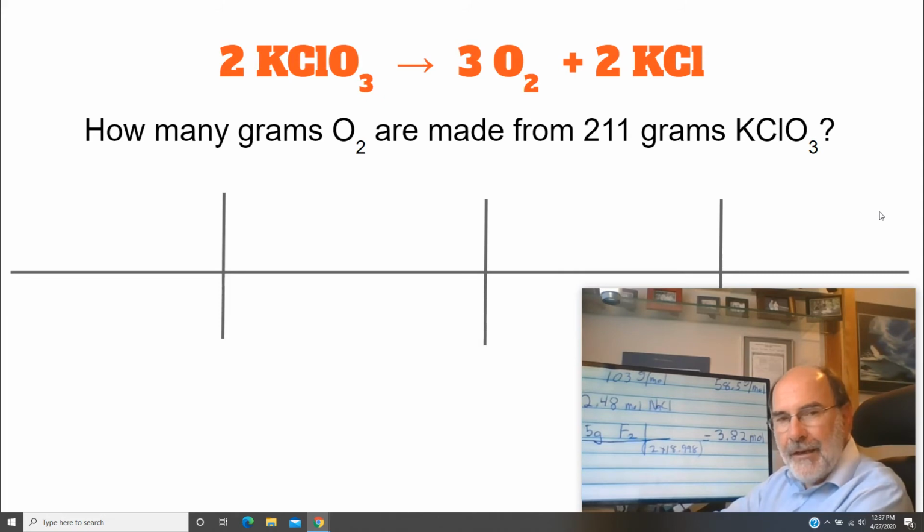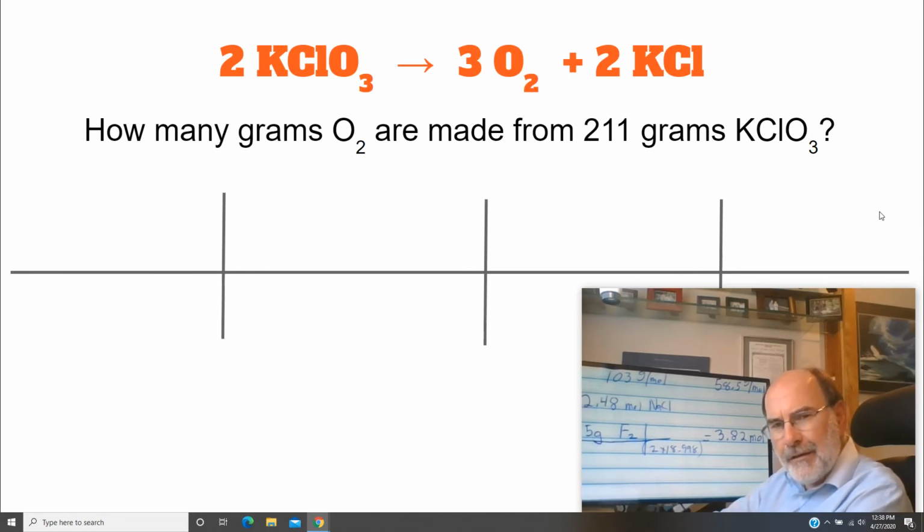So the question was, how many grams of oxygen are made from 211 grams of potassium chlorate? Step one, first column, write down what we're starting with in the numerator, 211 grams of potassium chlorate. Step two, convert those grams to moles. Step three, or column three, use the ratio of the balanced chemical equation to convert moles of potassium chlorate to moles of oxygen.